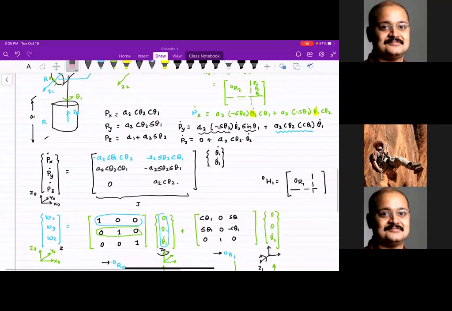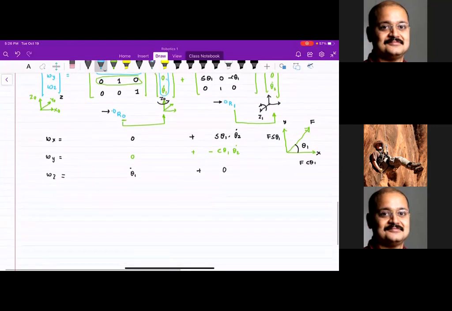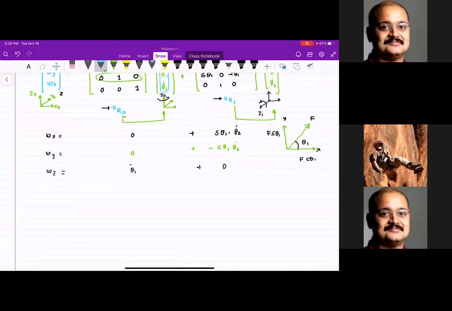It may be difficult to see, but stand here and look from here, and you would notice that the angular velocity vector that you're trying to resolve is in this coordinate frame. That's why you have that negative sign. But trust me, as long as you follow this procedure correctly, the signs will take care of themselves.